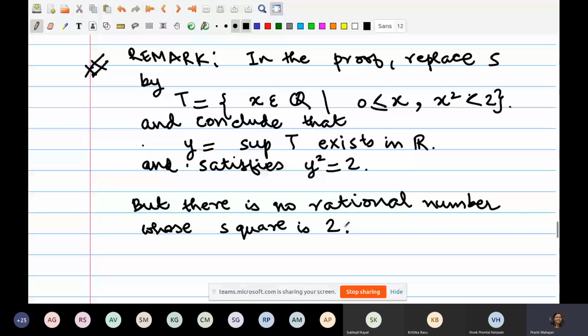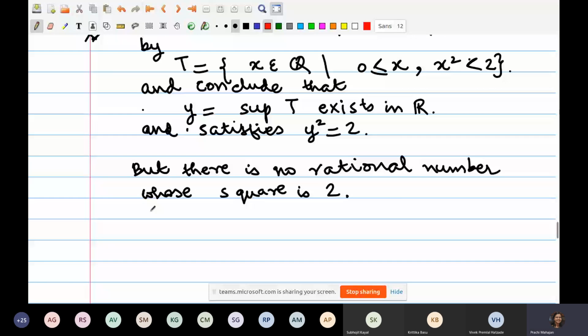So what am I trying to say here? Look here. I have a subset T of the set of rational numbers. T is bounded above, T is non-empty, but the supremum of T does not belong to Q. Let me highlight this point.